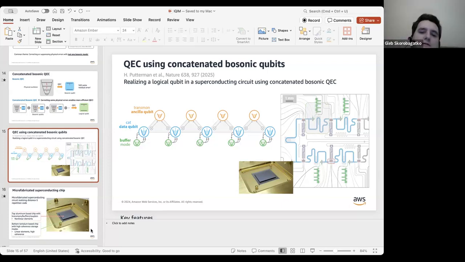I wonder, it looks like all the story depends on the mean photon number. So it looks like the more photons you have, the more controllable qubit and algorithm you have. Which physical parameter controls the number of photons?